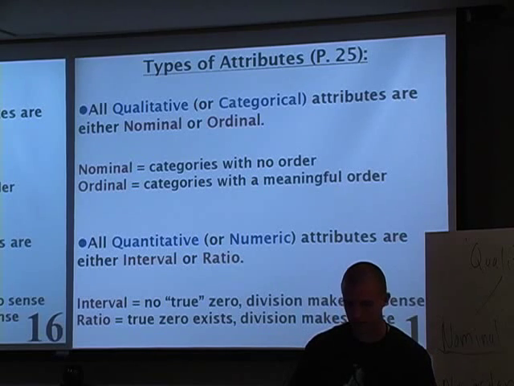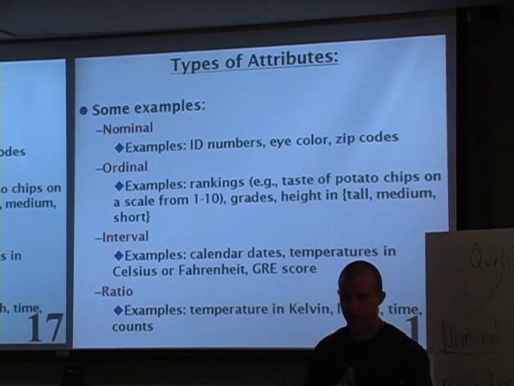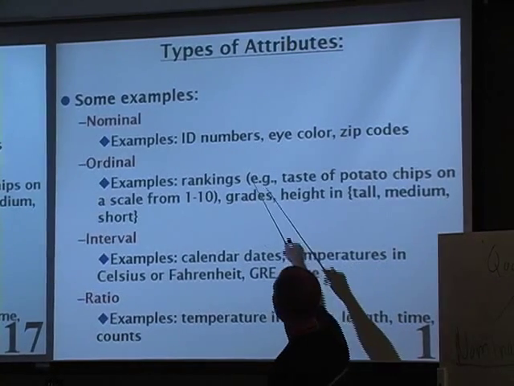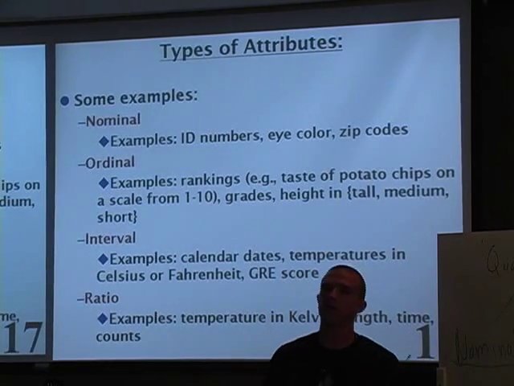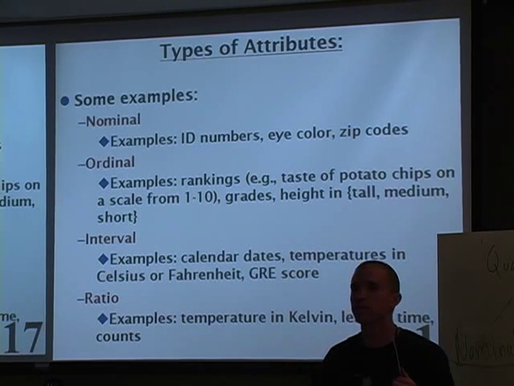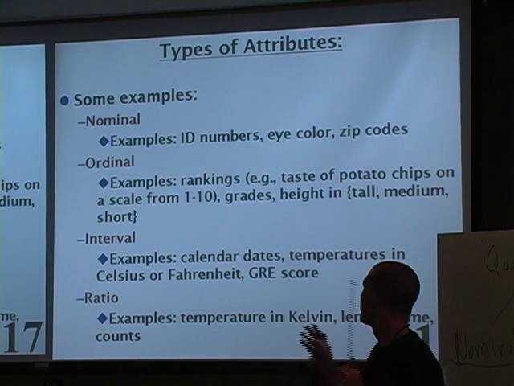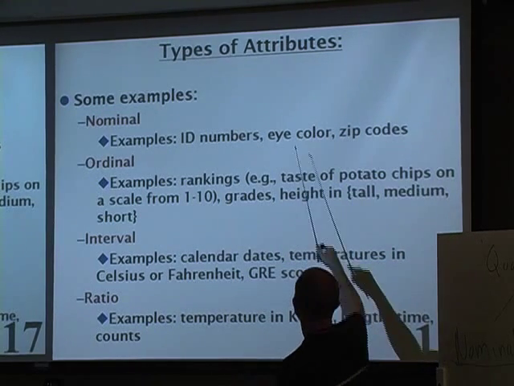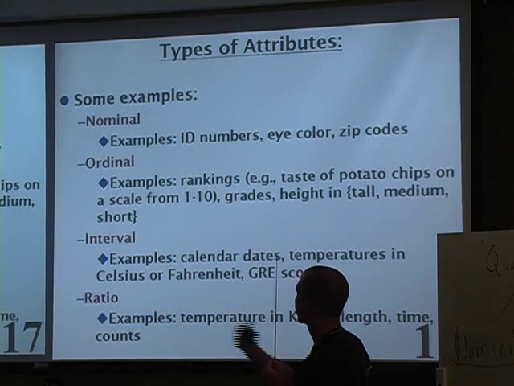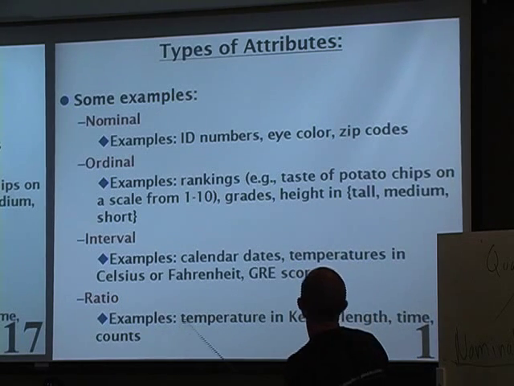I have examples on the next slide, so let me mention a couple of them. Nominal, things with no order: ID numbers. If there's no information in the order of them, then it's nominal. If the fact that someone's ID number is bigger than yours means nothing to you, then it's nominal. Eye color: blue, brown, green. You could order them by the color spectrum, but that probably doesn't mean anything.